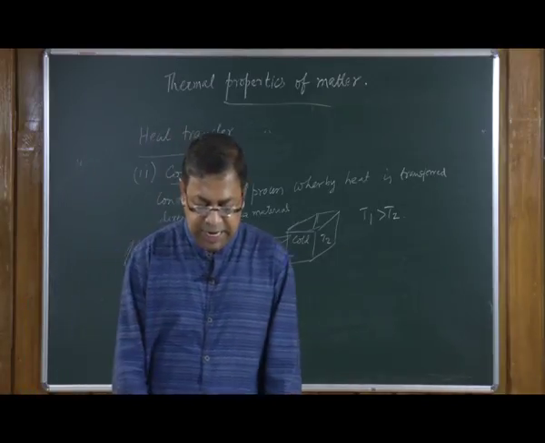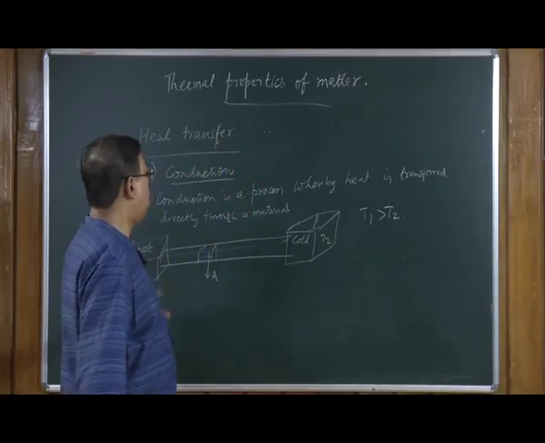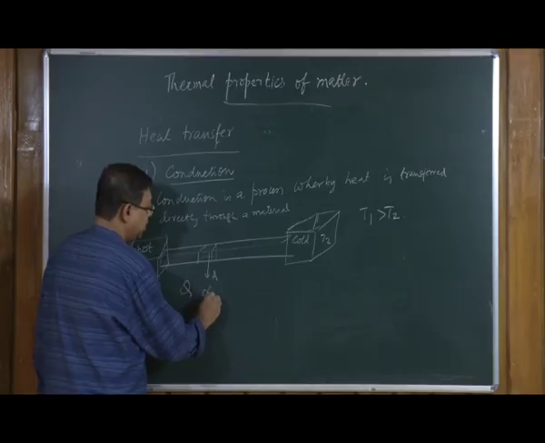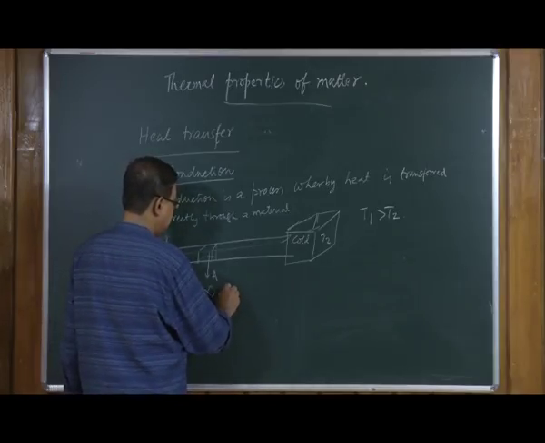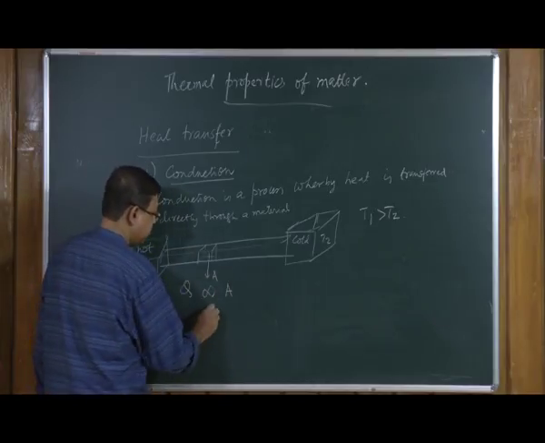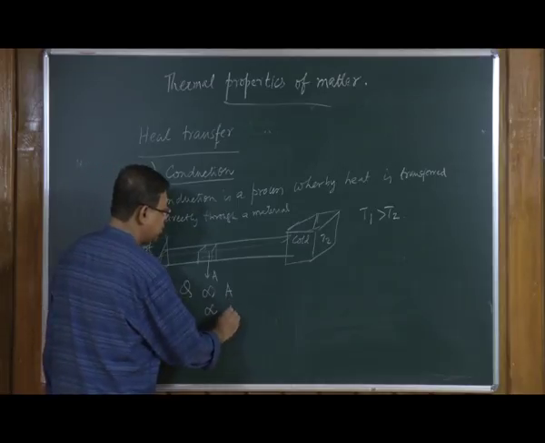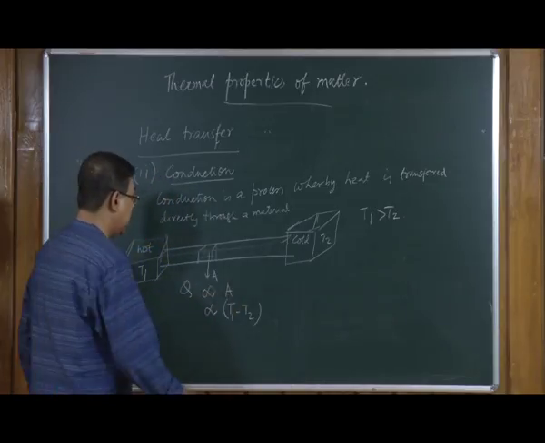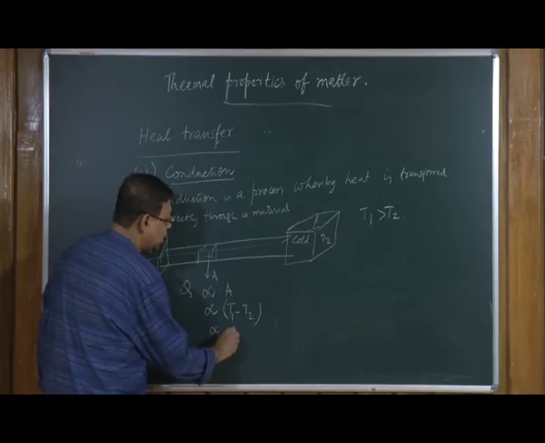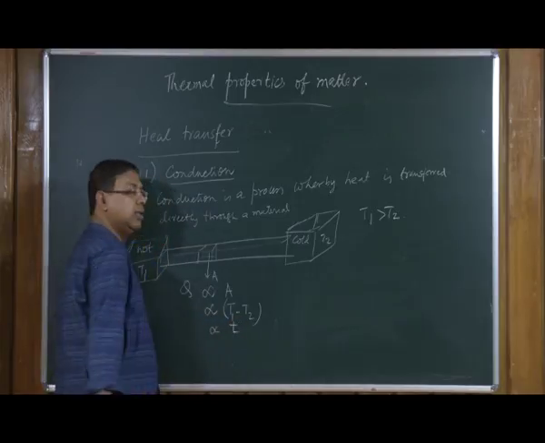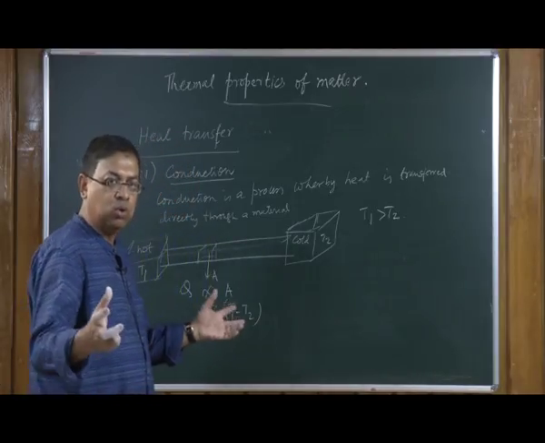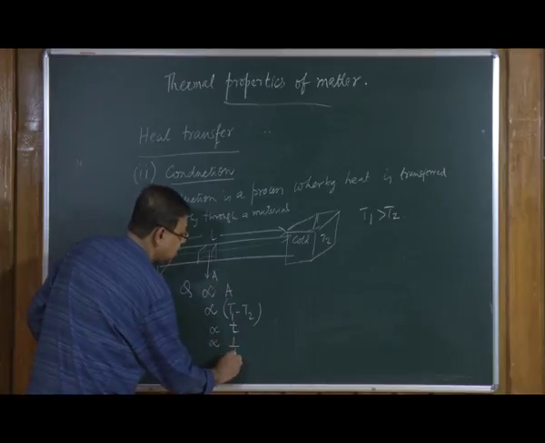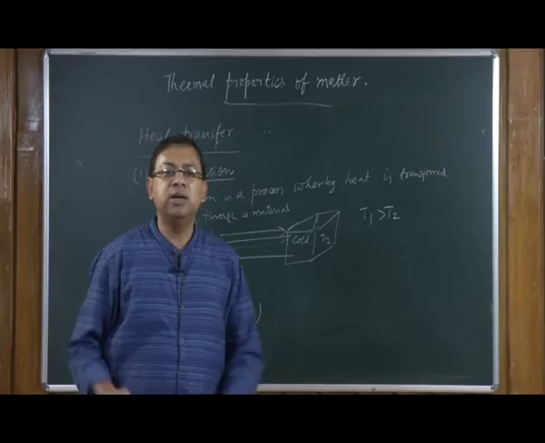So, the heat that flows from the hot body to the cold body, heat Q, is proportional to the area of cross section, it is proportional to the temperature difference between the two ends of the rod, and it is also proportional to the time for which the process takes place, that is they are allowed to be in touch, and it is inversely proportional to the length of the connecting medium.